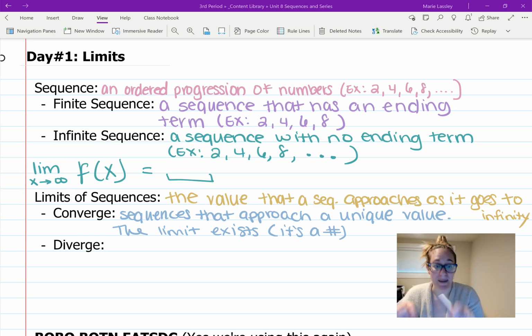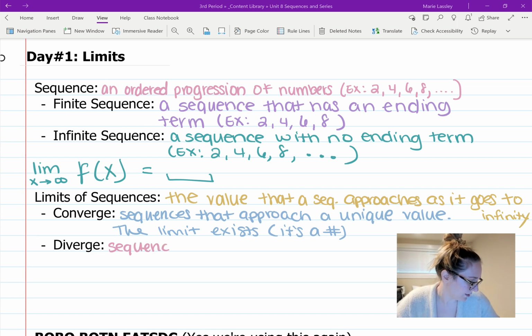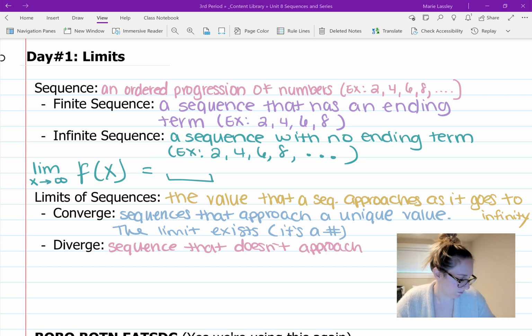But anyways, diverge means the sequence does not approach some unique value. It will either go to infinity or negative infinity, or it could oscillate, where it doesn't approach anything. It just bounces back and forth between two numbers. So this is a sequence that doesn't approach a unique value.